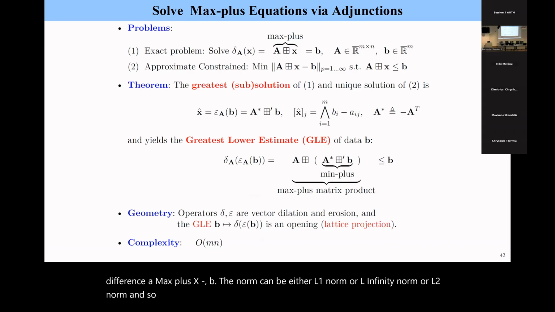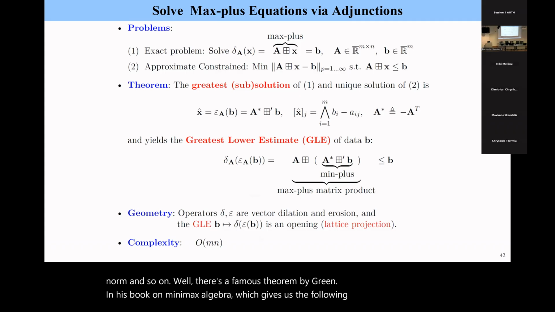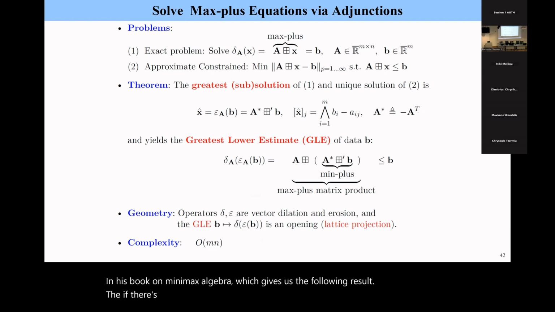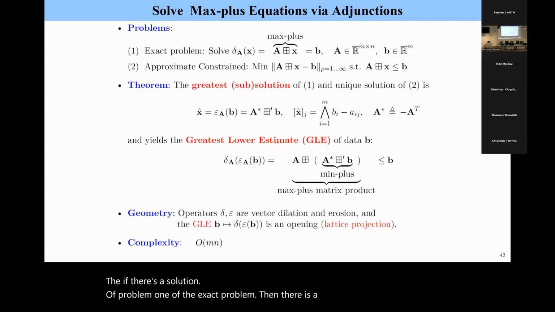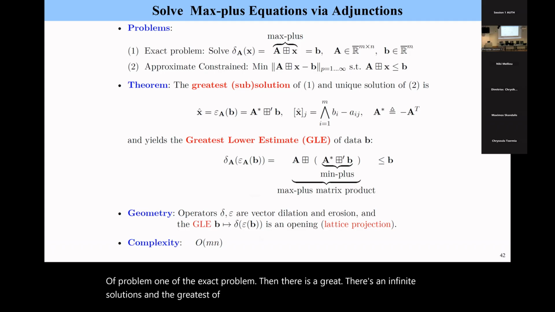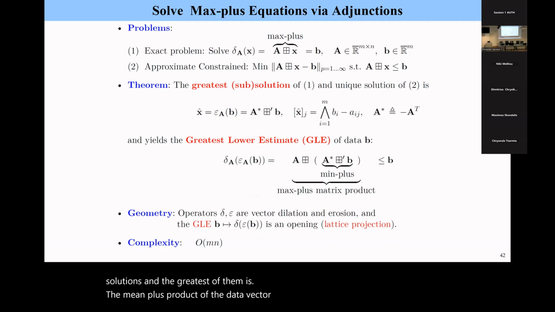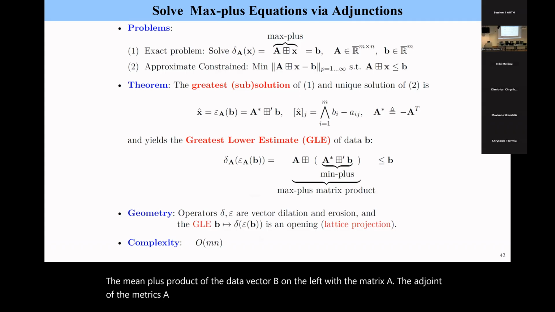The norm can be either L1 norm or L infinity norm or L2 norm and so on. Well, there's a famous theorem by Cuninghame-Green in his book on minimax algebra, which gives us the following result: if there's a solution of problem 1, of the exact problem, then there is an infinity of solutions, and the greatest of them is the min plus product of the data vector B on the left with the matrix A star, the adjoint of the matrix A. What is the adjoint in max plus algebra?